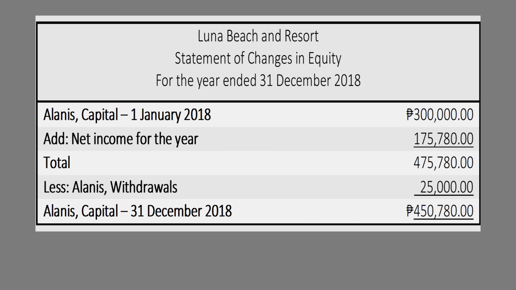At aalisin natin lahat ng withdrawals niya. So in this case, we have 25,000 pesos. So 475,780 minus 25,000, we have the ending balance for the equity na 450,780 pesos.